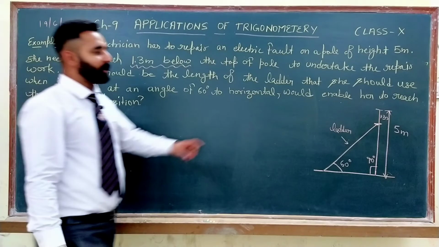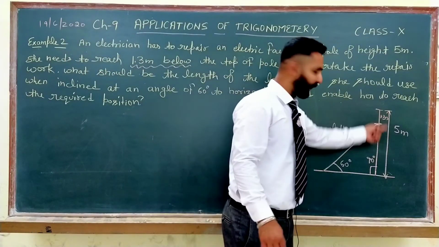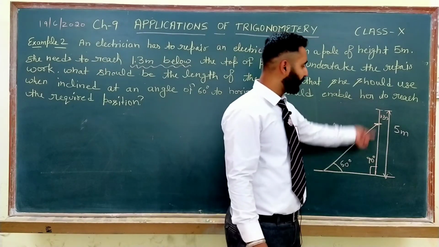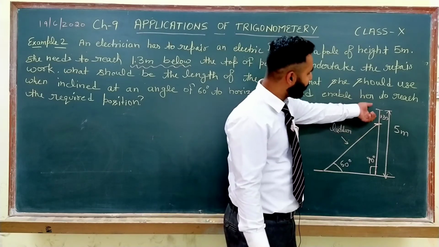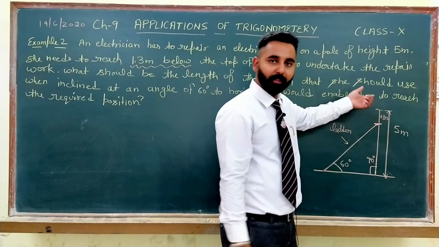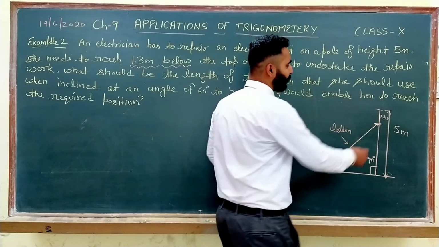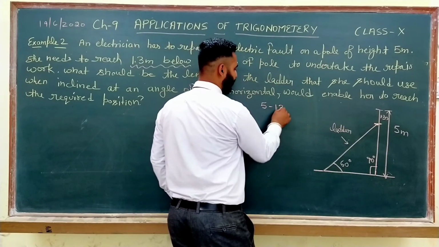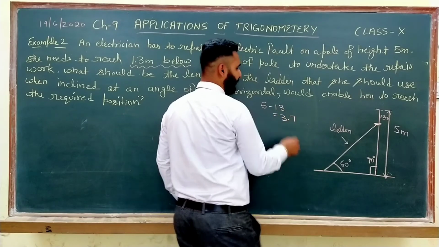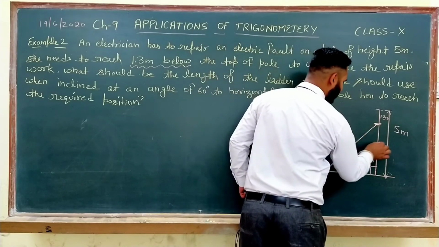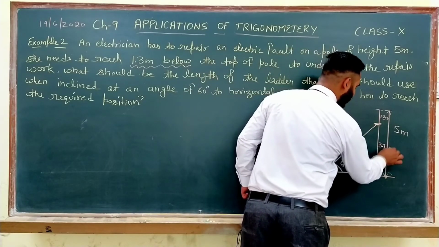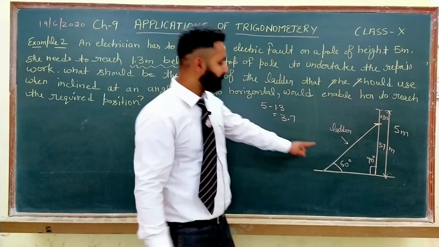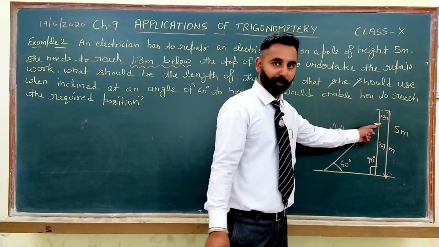Now the total height of the pole is 5 meter, but we are not using the complete height. We are using 1.3 meter below, means we have to subtract it. So when you subtract 5 minus 1.3, you will get 3.7. So the height I am taking here is 3.7 meter, because my ladder is placed up to that point only.